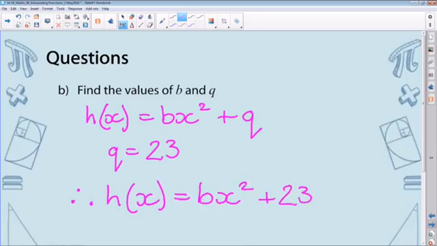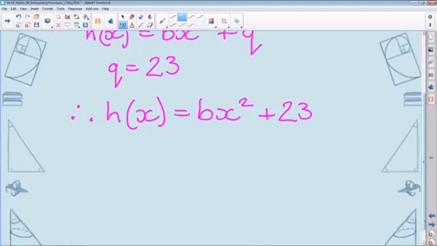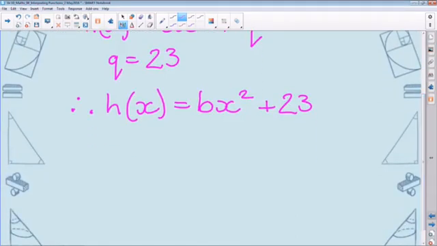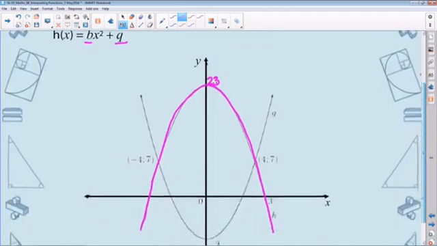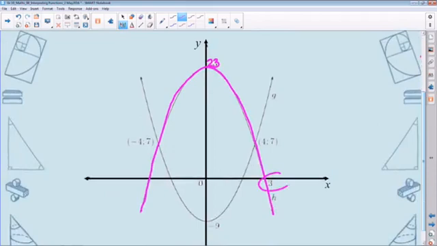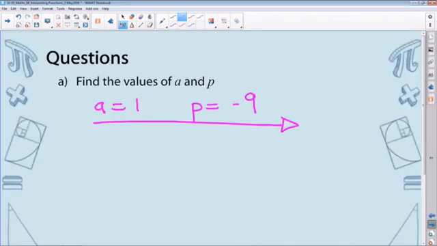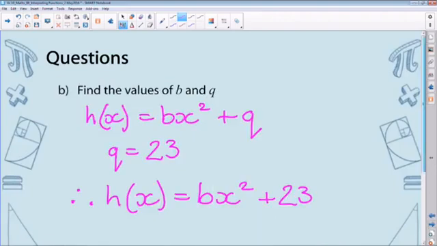Now, in order to find the value of b, we need to substitute a point in. So let's go back to the graph and look at what points we could substitute in. Let's choose this point. And the reason I'm choosing that point is because it's going to be easy. It has the value of (3, 0).